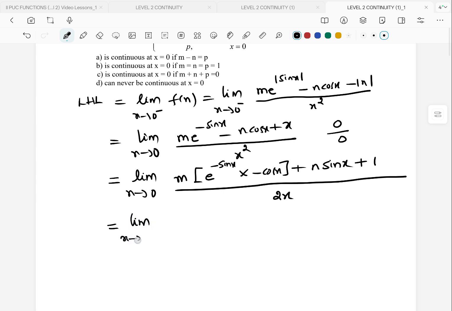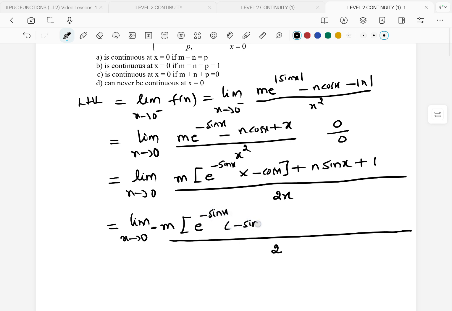So limit x tends to 0, the denominator becomes 2. In the numerator, let me keep minus m outside. So I'm going to differentiate e power minus sin x into cos x by chain rule and product rule. So e power minus sin x into the derivative of cos x, which is minus sin x.